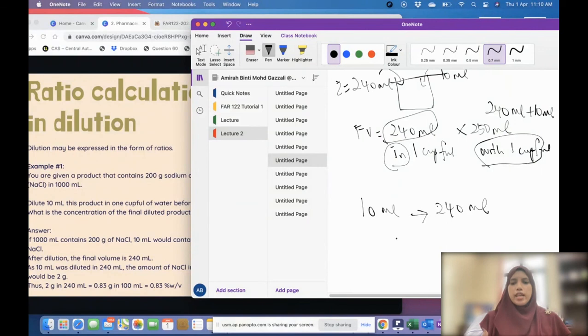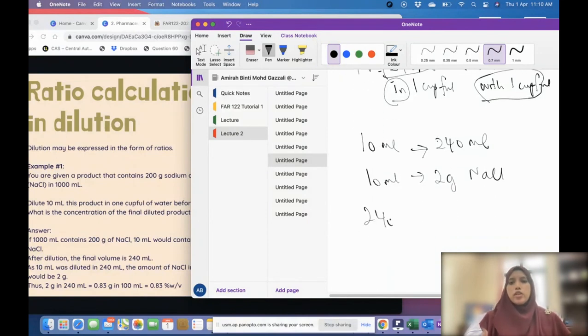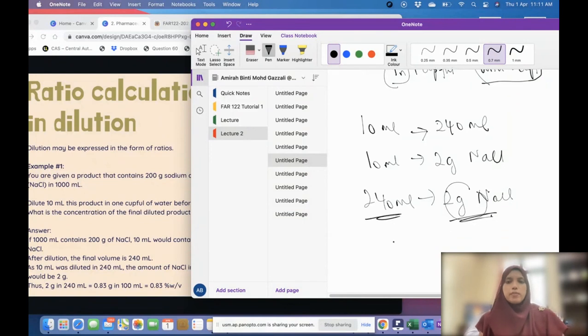So if in 10 ml you have 2 gram of sodium chloride, it means that in the 240 ml, that is the final diluted product, it should also contain 2 grams of sodium chloride, because we just dilute with water, we did not disturb the amount of sodium chloride. The amount would remain the same, but only the volume increases.